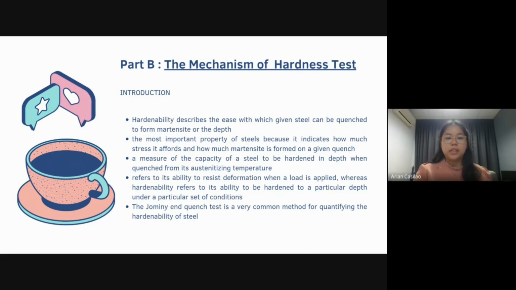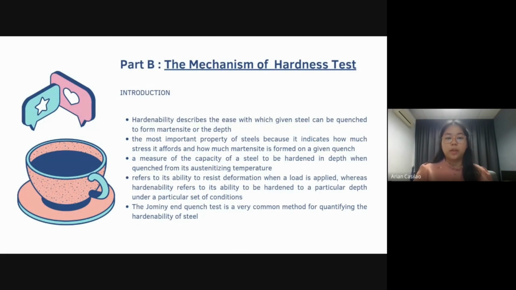This property is essential in understanding a steel's ability to handle stress and form martensite during quenching. It's important to note that hardness and hardenability are related but distinct concepts. Hardness gauges a material's resistance to deformation under a load, while hardenability focuses on how well it can be hardened to a certain depth under specific conditions.